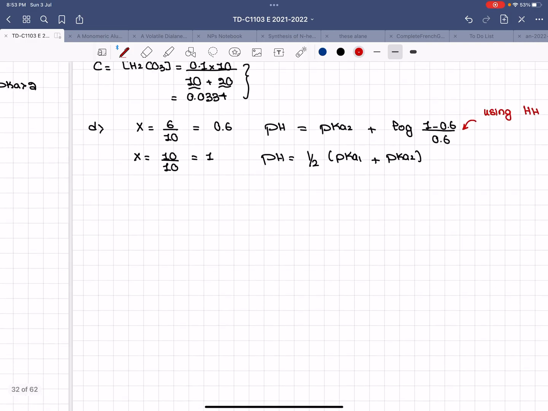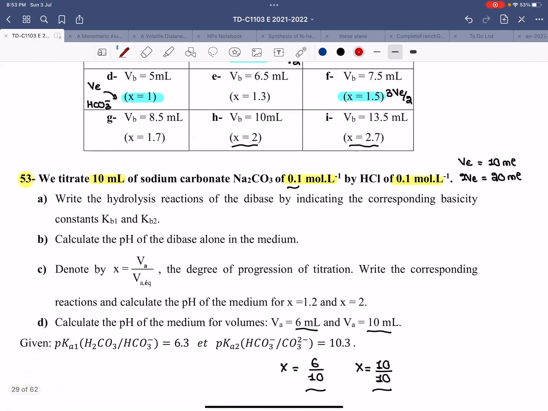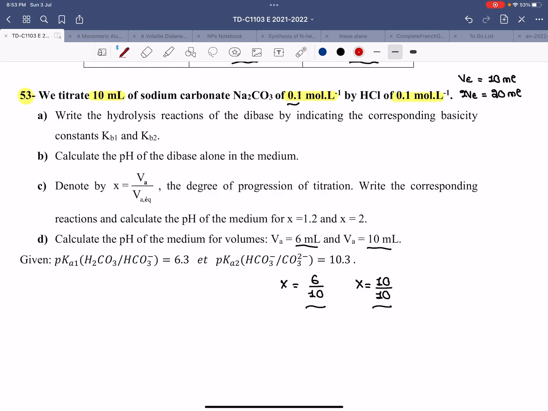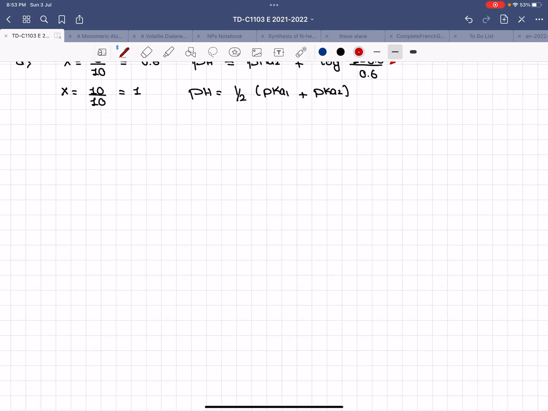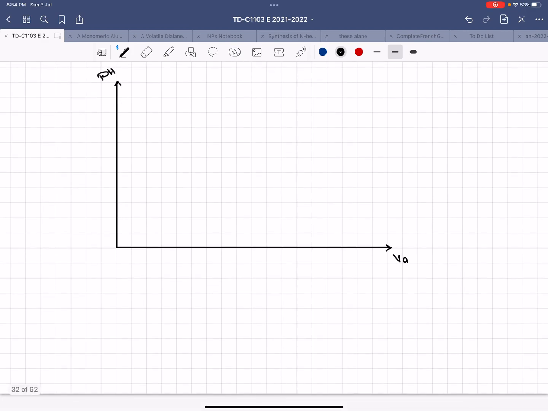So I want to do something here that they did not ask for. Okay, I want to draw the curve the same way that we did it for H2A. So we're going to draw the curve and separate the curve into areas, okay? This is your pH, this is the volume of the acid added.